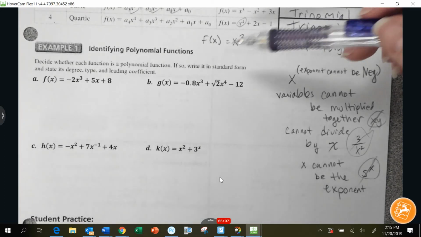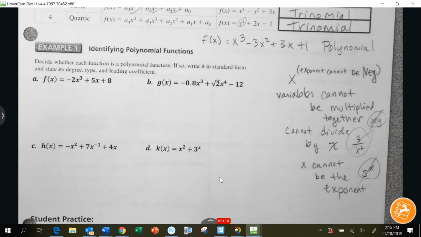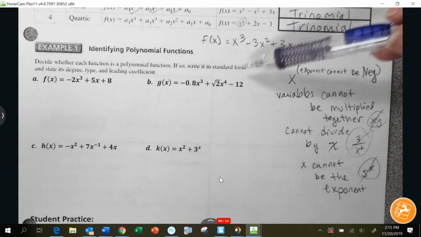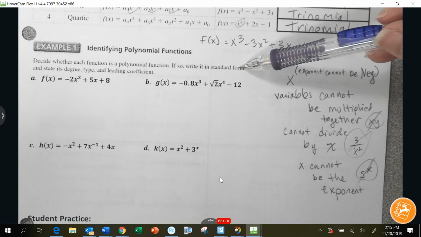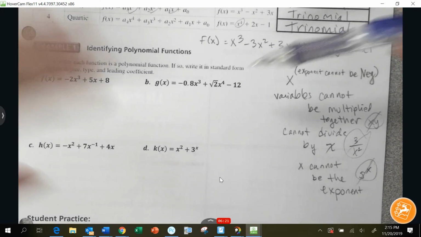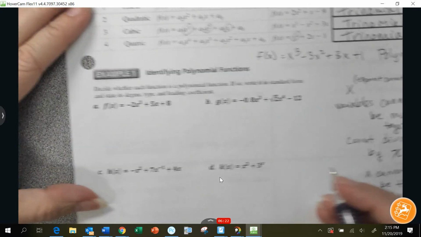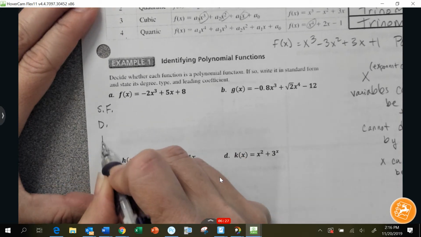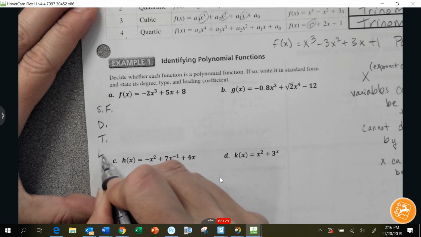This says decide whether each function is a polynomial function. If so, write it in standard form, which I haven't talked about, but some of you already know, and state its degree, type, and leading coefficient. So for each of these, standard form, type, and leading coefficient.